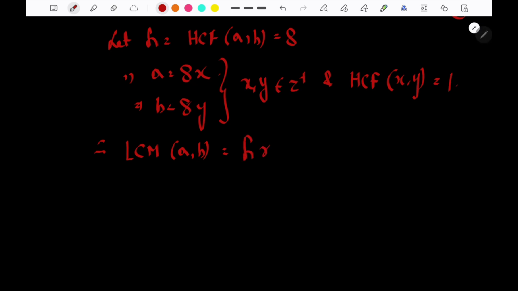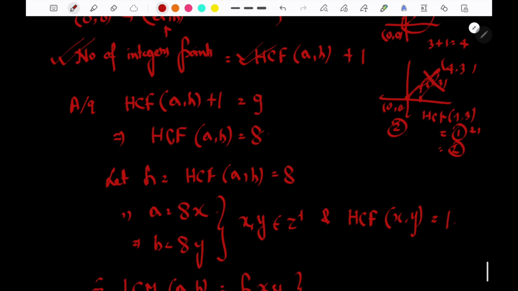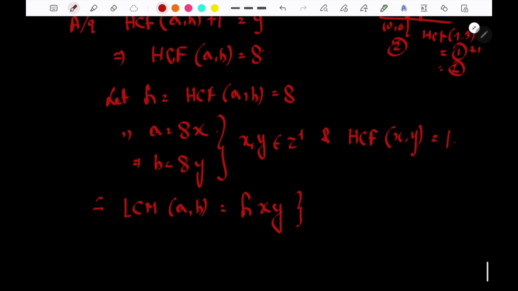Why? It's the lowest common multiple, which means HCF into xy. Minimum, it will be HCF into what else is remaining, this is xy. So therefore this will be 8xy.